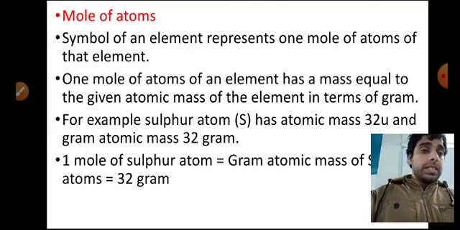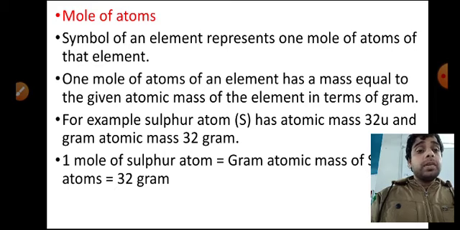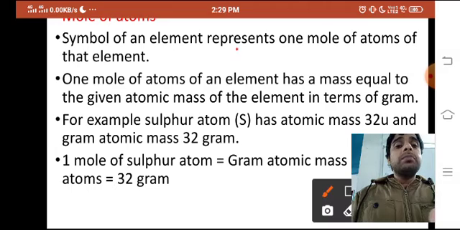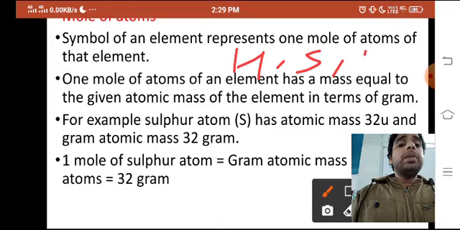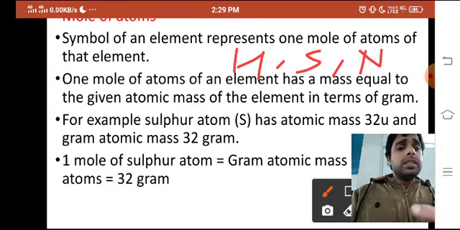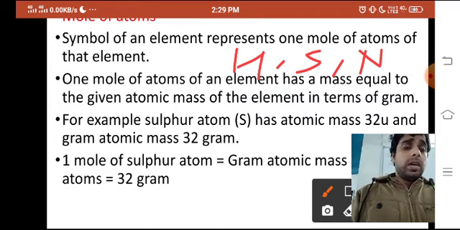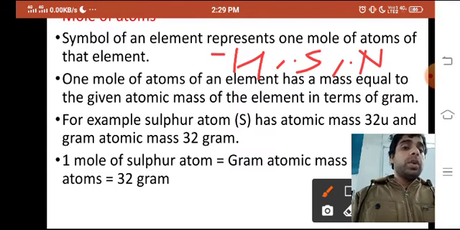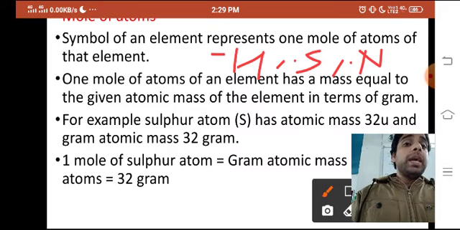If suppose hydrogen is there, and I have not written 2H, 3H, 4H, but simply written 1H, or sulfur, or nitrogen, in the atomic form, then that symbol itself is known as 1 mole of atom. So hydrogen is 1 mole, sulfur is 1 mole, and nitrogen is 1 mole. So the symbol of an element represents 1 mole of atoms of that element.